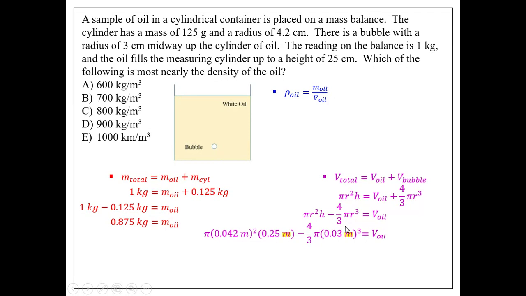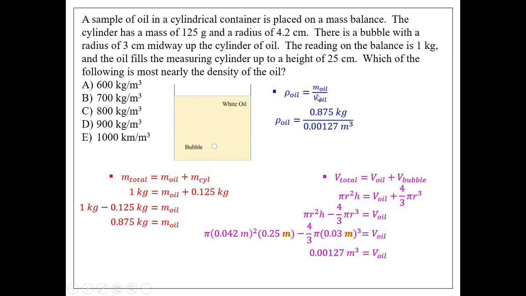The volume of a sphere is 4/3 pi r cubed. The radius of the bubble is given once again as 3 centimeters, and I convert 3 centimeters to meters. And if you simplify this all in your calculator, hopefully I'm not goofing here because it's getting late, I get 0.00127 meters cubed.